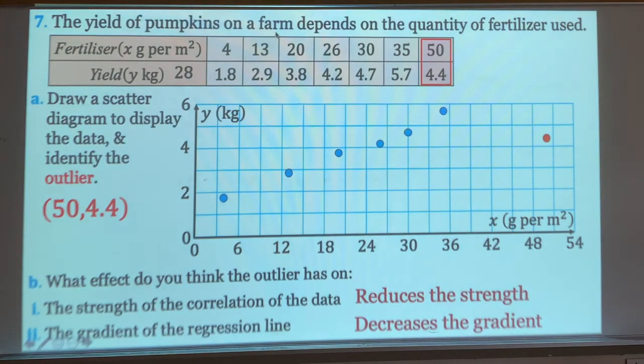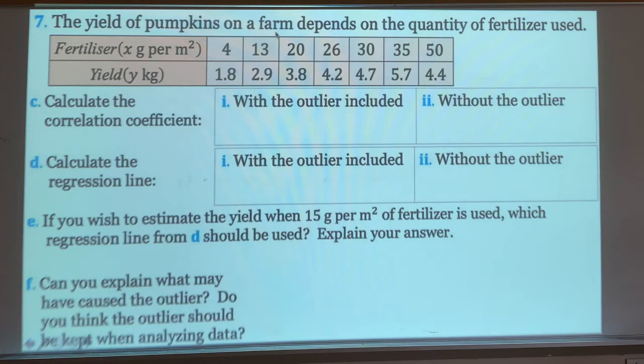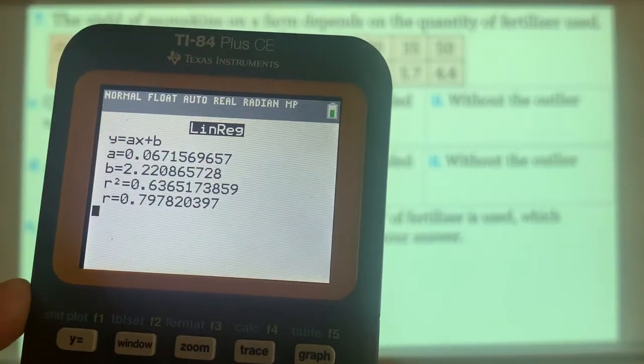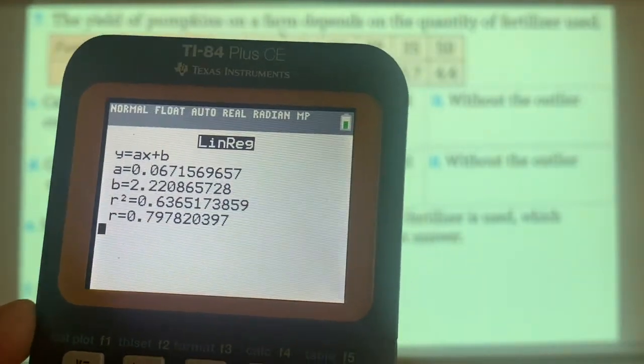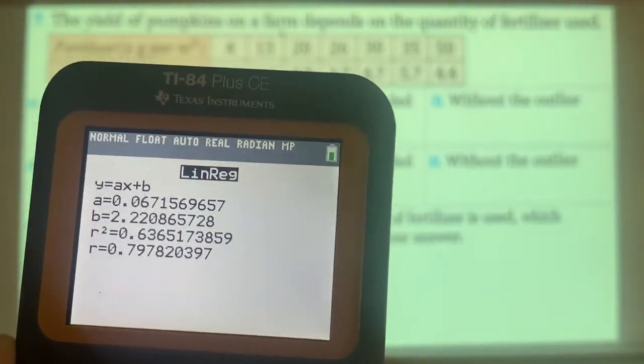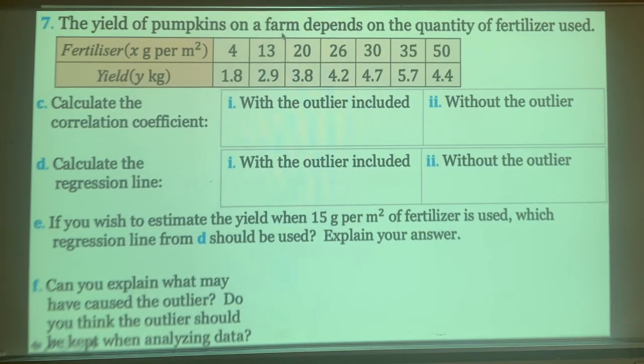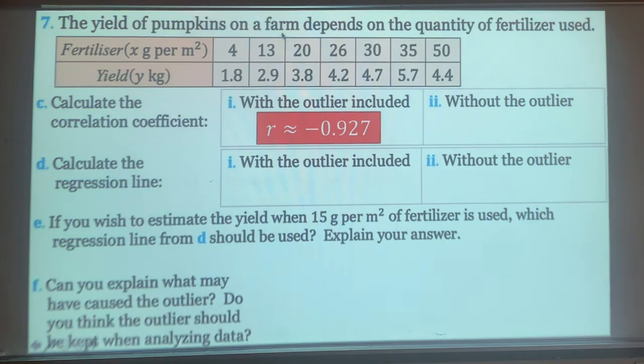All right? So, now we're going to have some fun. And we end up with this. So we got a 0.798 regression. And our A is 0.0672 and our B is 2.22. So if we go to calculate the coefficient with the outlier included, wait a second, that's not right.